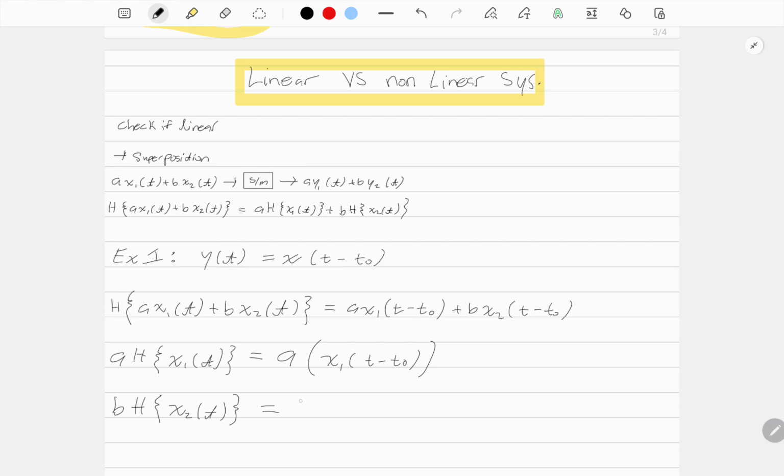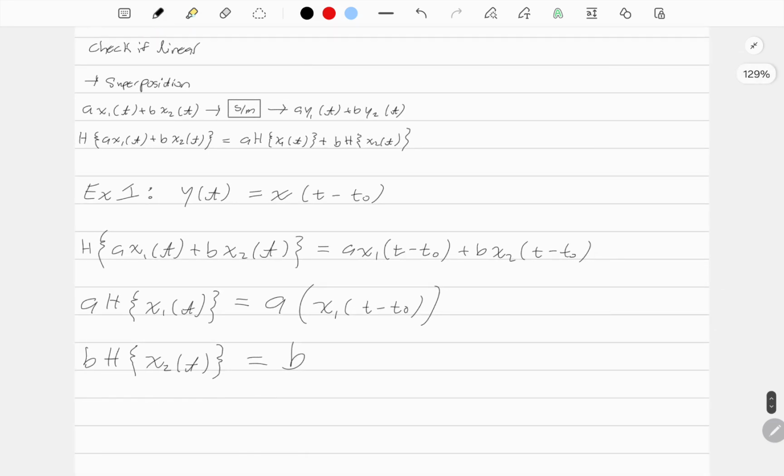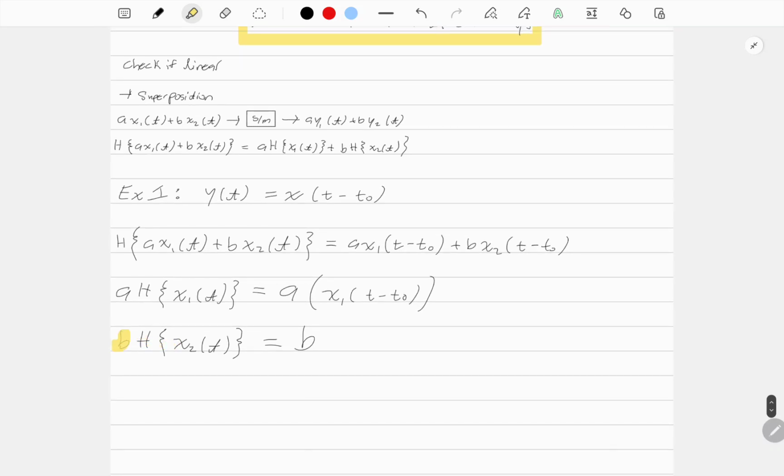So you're going to write b, I'm just moving over the b, and then this means to apply the system to x2 of t.